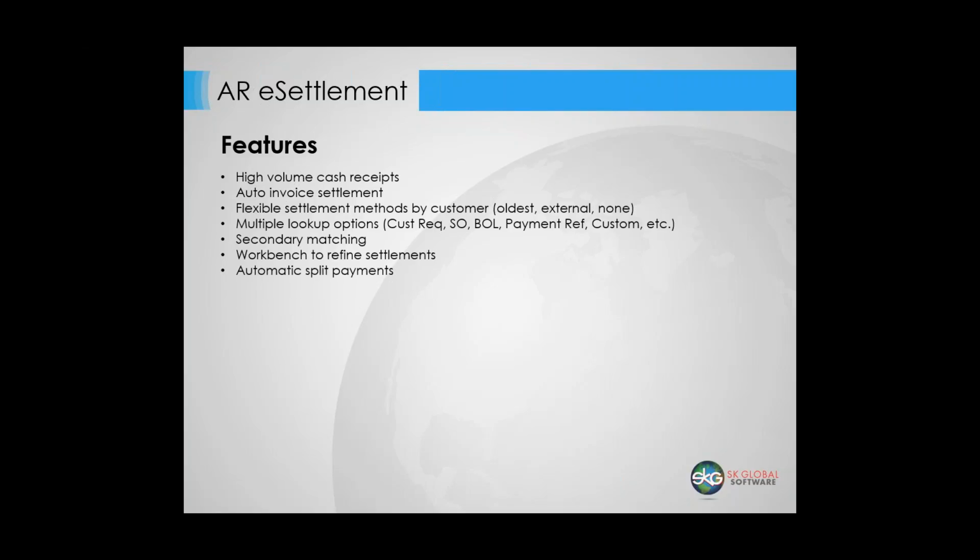And split payments. Some of you maybe have the situation where you have a customer that makes a payment to you, and that customer actually is a holding company, and they're making payments on behalf of other companies. It's common that you may have a corporation that may have branch locations, and they may be making payment for those branch locations. So the way the software works is once we determine that one of the invoices being settled is for a different company than the company on the payment, we'll automatically split that payment into a separate item.